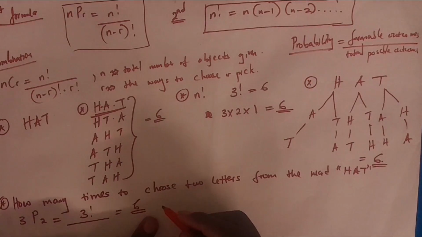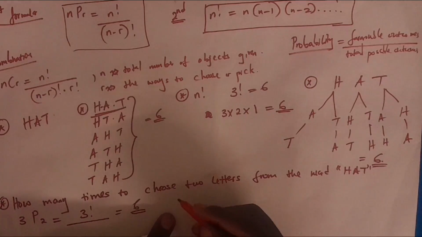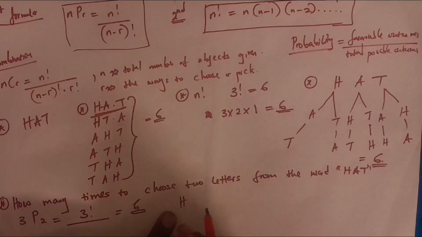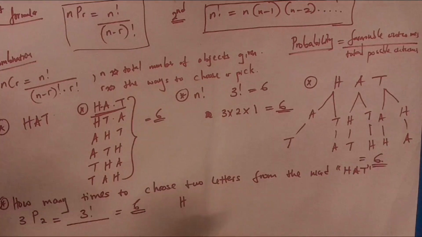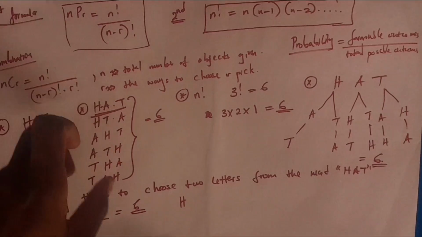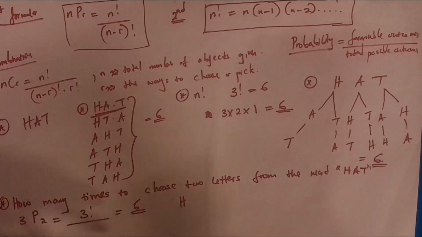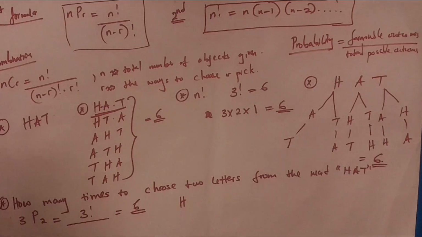So now we can also do this by just arranging the letters. Because the question is saying we need to choose 2 letters, we need to arrange 2 different letters. How many ways can we arrange? The question is demanding us to find how many ways we can arrange, or group, 2 different letters of this word.